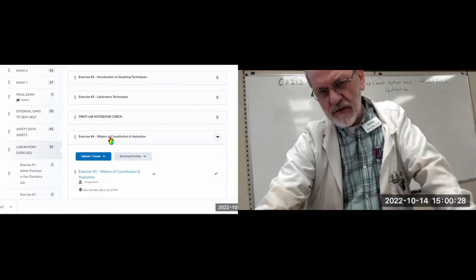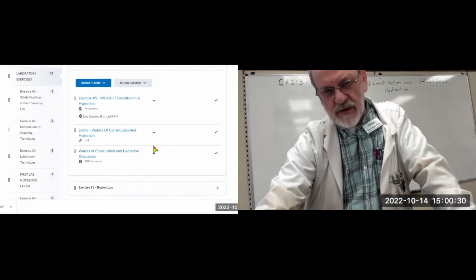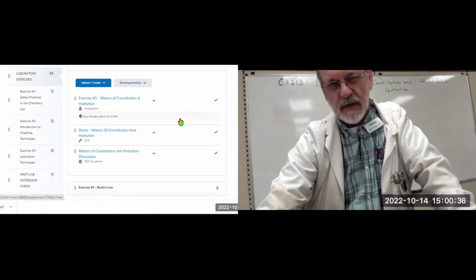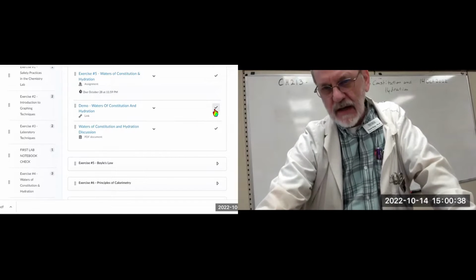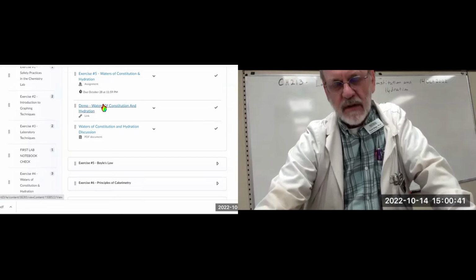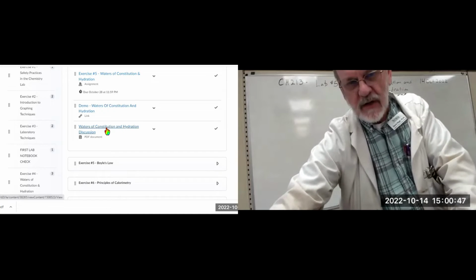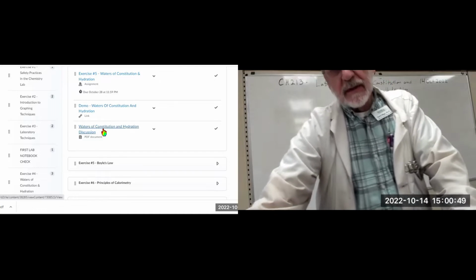Okay, so if you click on this one, what you see is what you've seen before, the document. Right, there's the exercise. And it appears to be open. Is the Waters of Constitution Hydration demo. There's also a discussion in here, PDF document.